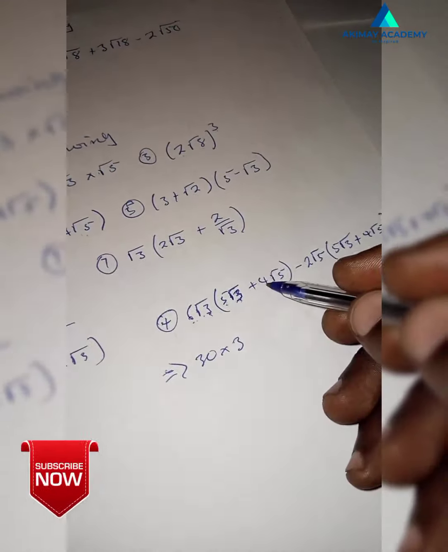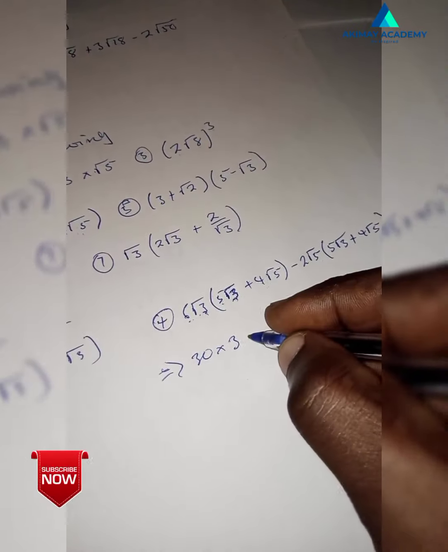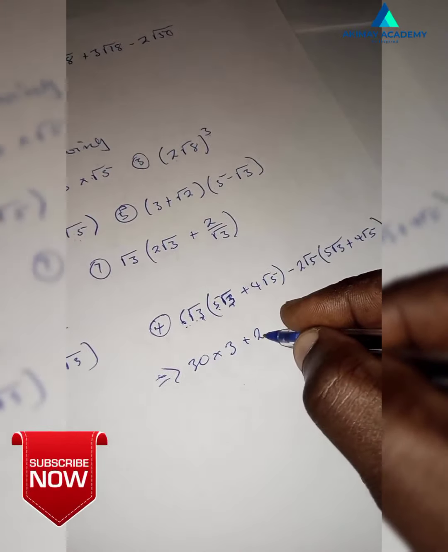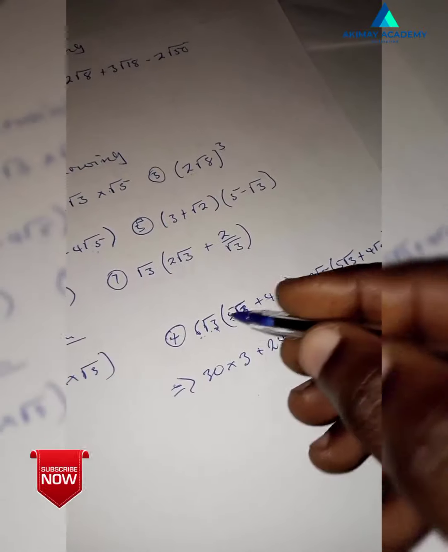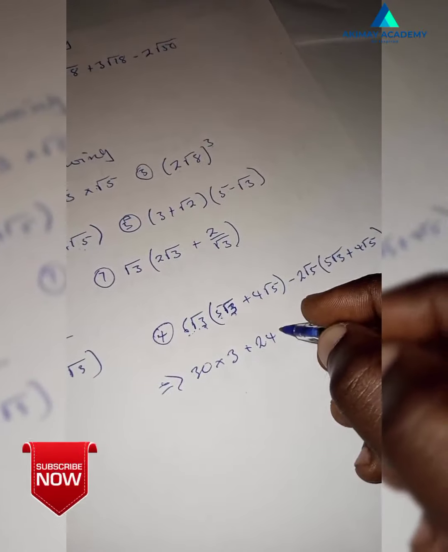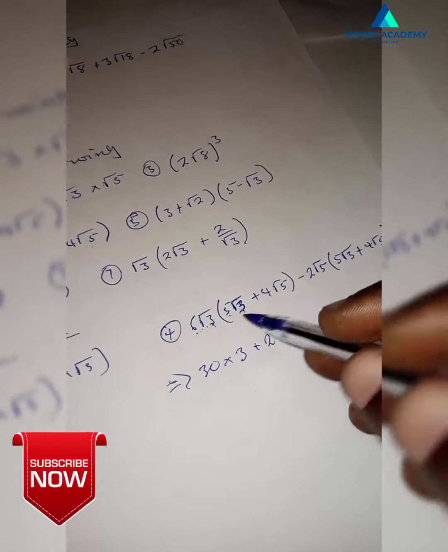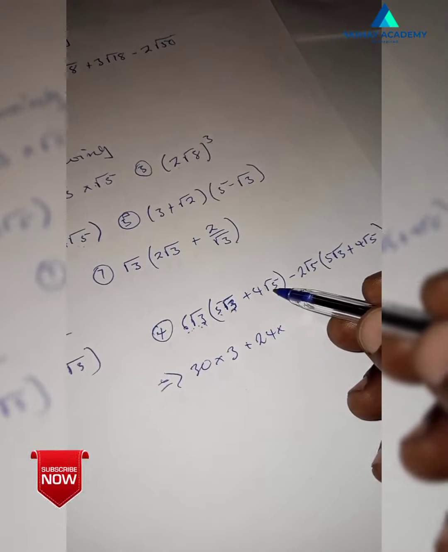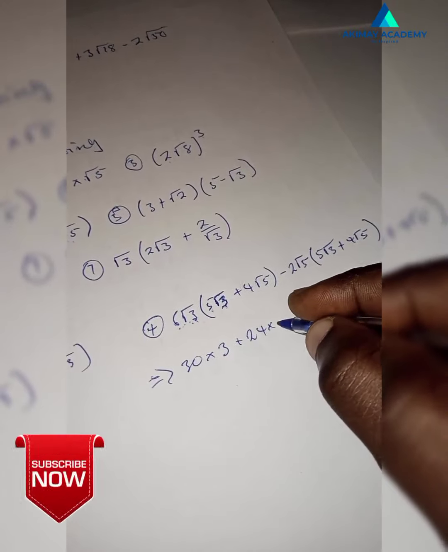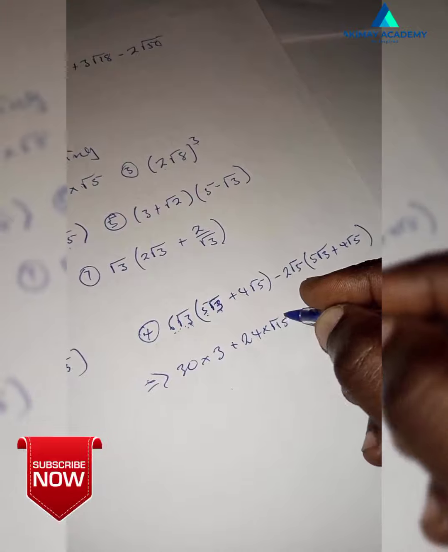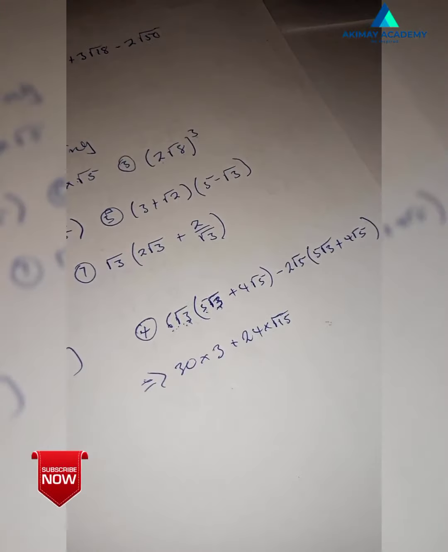6 times plus 4, we have plus 24, and because they are multiplying, we have our multiplication sign here. So we have root 3 times root 5, which will be root 15.